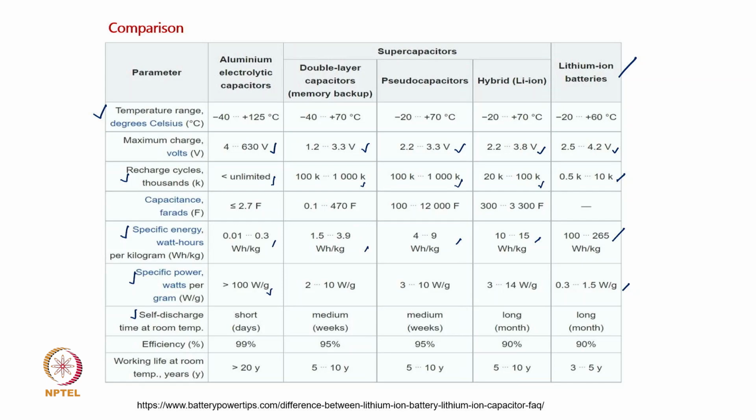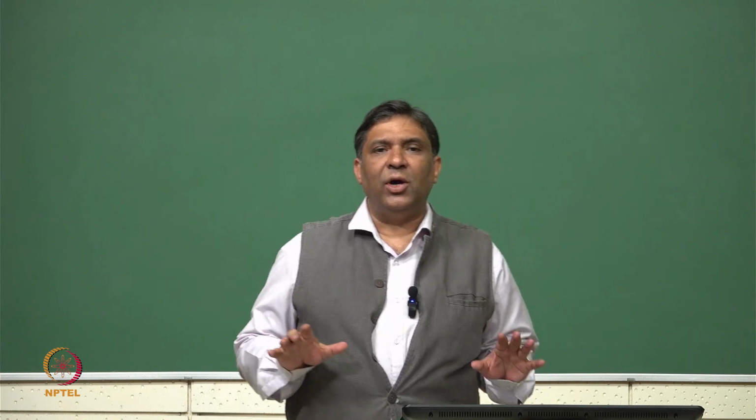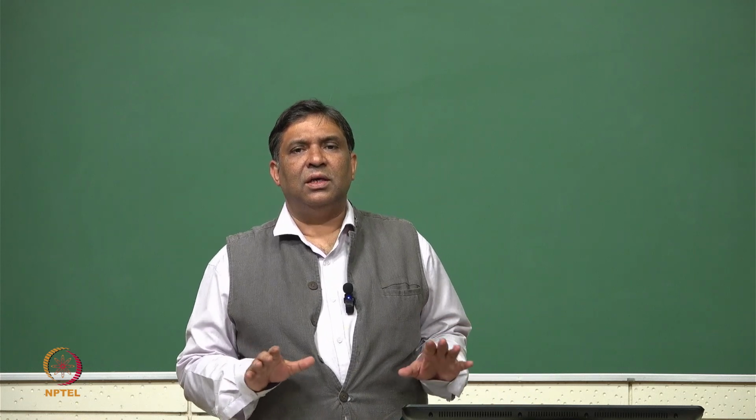A hybrid capacitor can have a longer self discharge time, but for lithium ion battery it is quite long. Efficiency for all these devices is almost in the same range, and working life at room temperature is slightly higher for capacitor, and for supercapacitor and lithium ion battery it is of the order of 3 to 5 years. These are all important characteristics of a lithium ion battery and other energy devices.